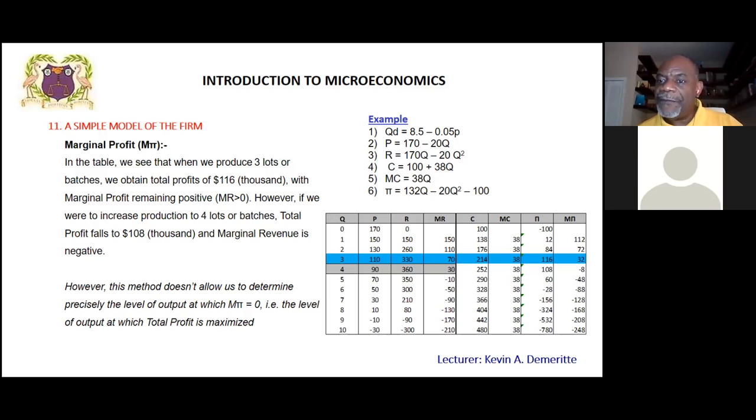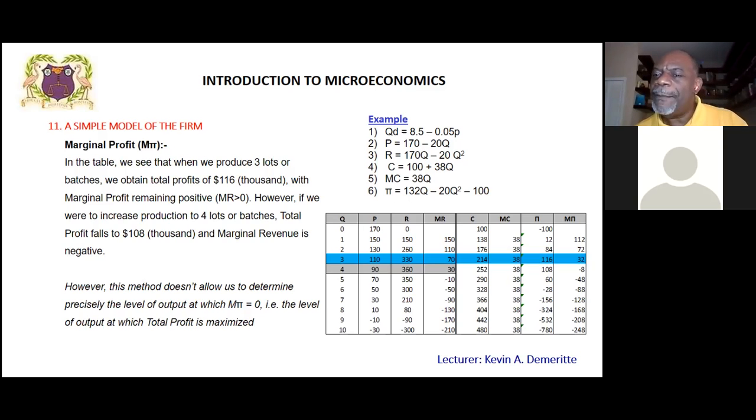we saw that our profits went up from 84 to 100, sorry, let me start again. When we increased our production, we saw our profit went up by 84, and our extra profit, our marginal profit, producing and selling one more, went up by 72. So I said, oh, that's nice. We'll produce and sell one more.